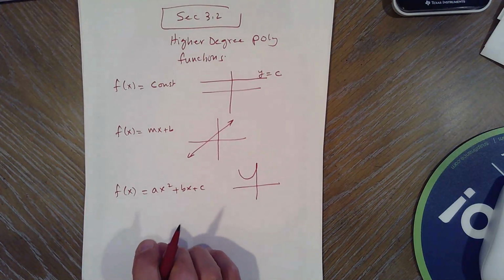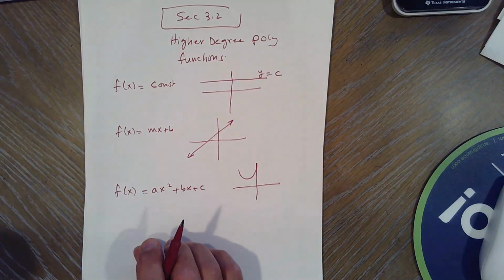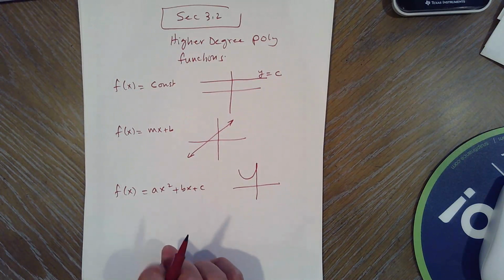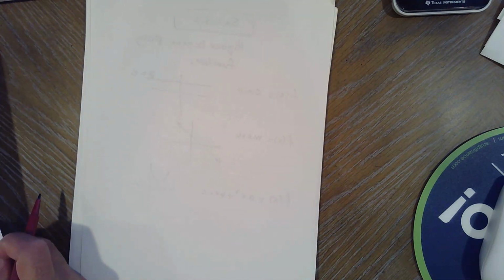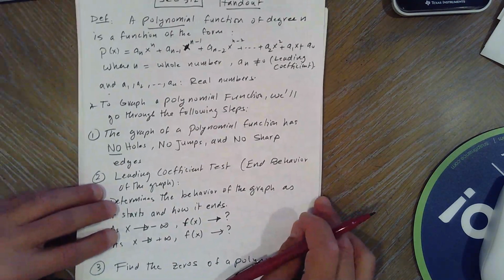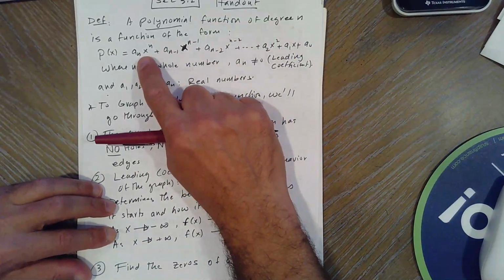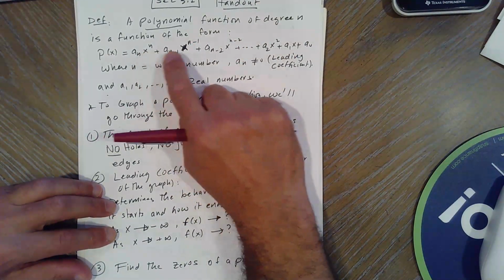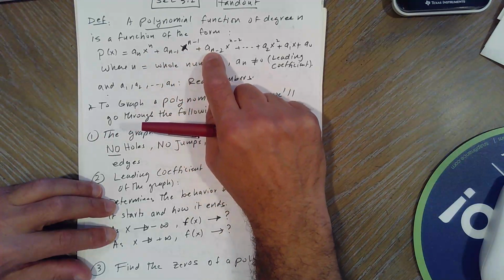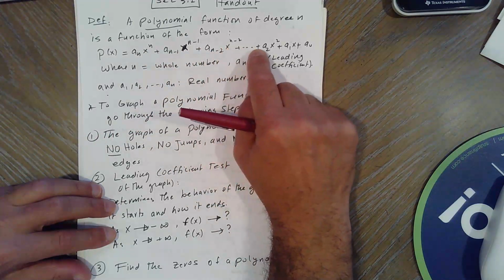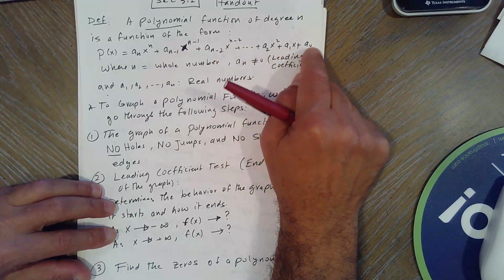We're going to talk about every possible feature of a polynomial function in the next couple of sections. First of all, to save some writing, I'm looking at the handout that I have in your notes. When we say a polynomial function of degree n, it's a_n x^n plus a_(n-1) x^(n-1) plus a_(n-2) x^(n-2), and so on, down to a_2 x^2 plus a_1 x plus a_0.